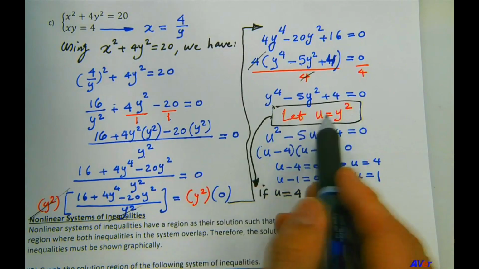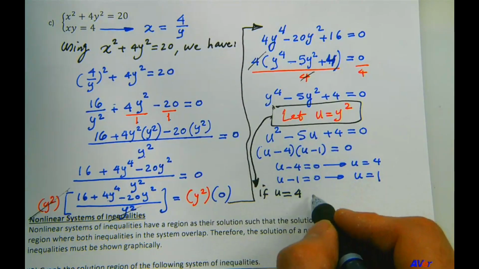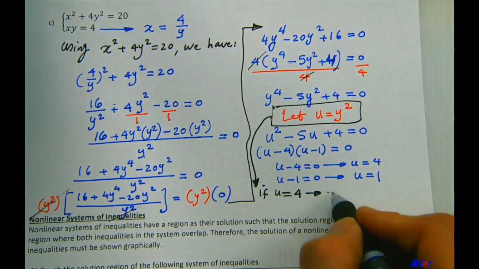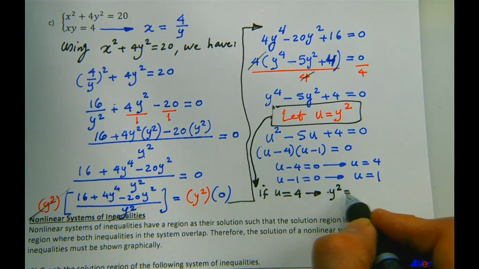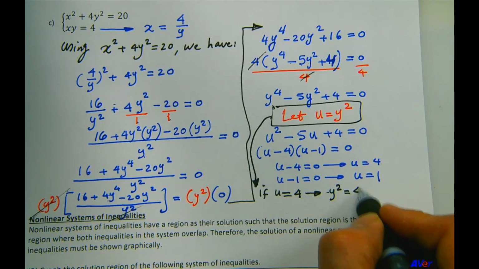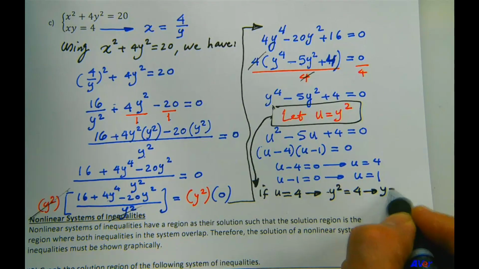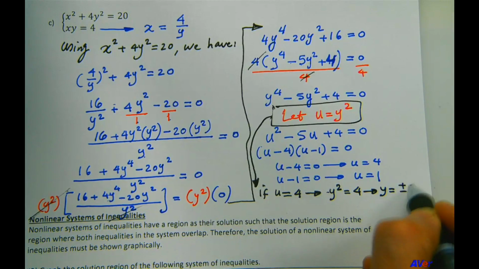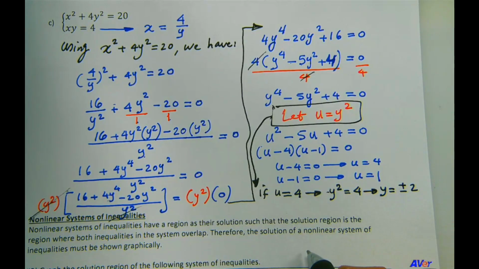If in this equation U equals 4, then y squared equals 4, then y equals plus or minus 2, right?